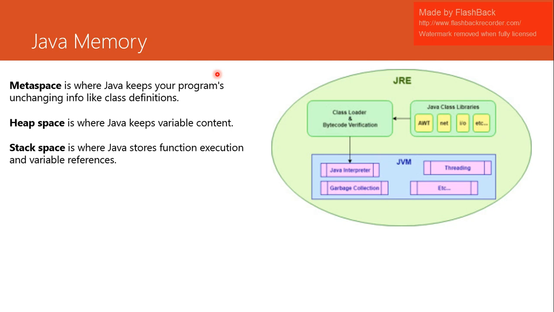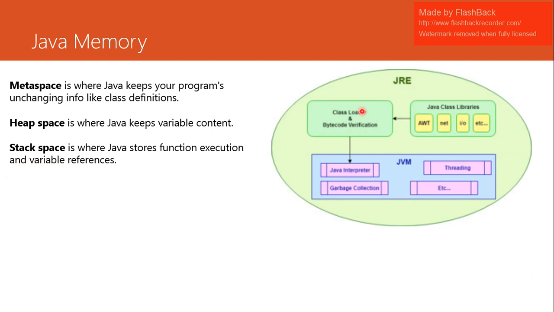So all the constants in your programs, things that are not going to change, are being stored in meta space. However, the content of your variables are being stored in your heap space, and all information and references to variables and method calls, function calls are being stored in your stack space.